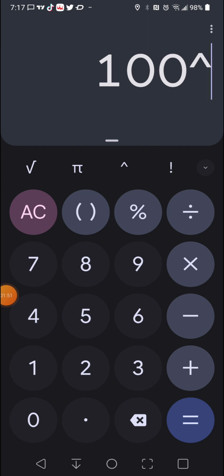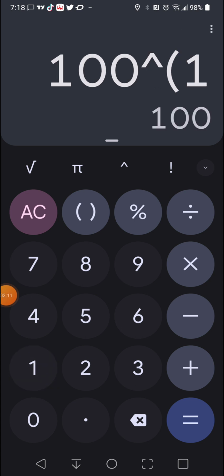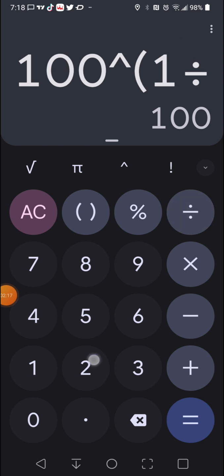So you can multiply the answer that you get 4 times times itself, and it'll give you 100. So let's say 2. I have to open a parenthesis or else the calculator will get confused. Divided by 2.